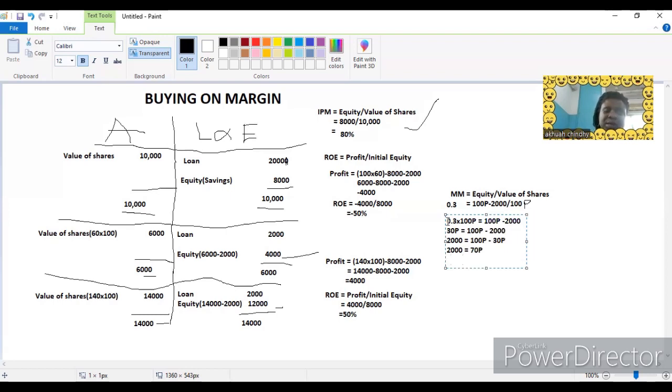Then P is equal to 2,000 divided by 70. So we have P to be 28.57.